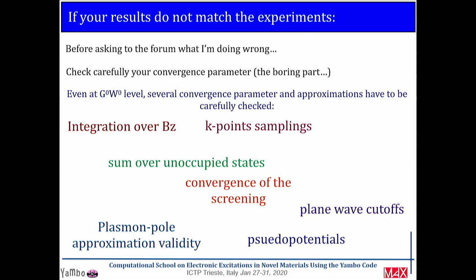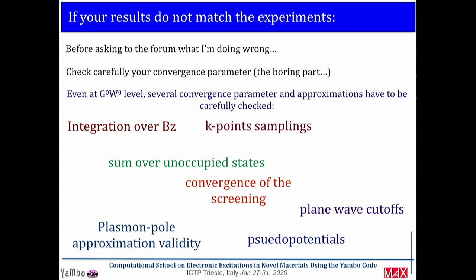Also, I didn't mention that Yambo, like many other plane wave codes, makes use of pseudopotentials. So you neglect core electrons. These have an impact also on the W calculation, and this is something that should be checked, also in terms of how many electrons enter effectively in your calculation.